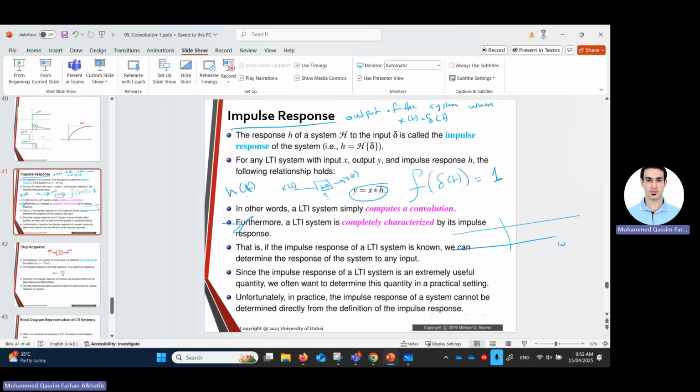Now, what if x, my input, is the delta function? What will be the output? Y, the output, will be h. So whatever I'm getting is going to be the system response, the impulse response. So yeah, an LTI system is completely characterized by its impulse response.